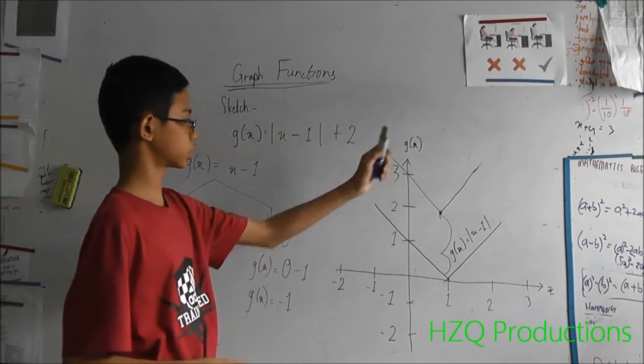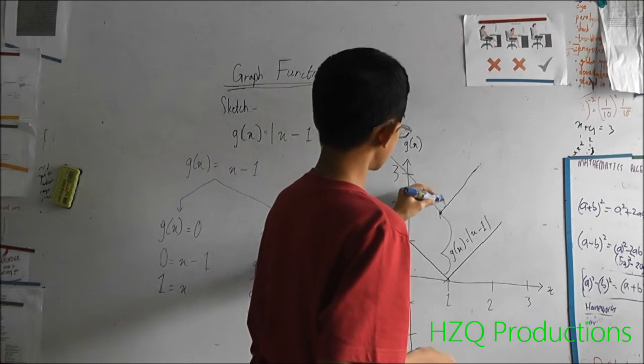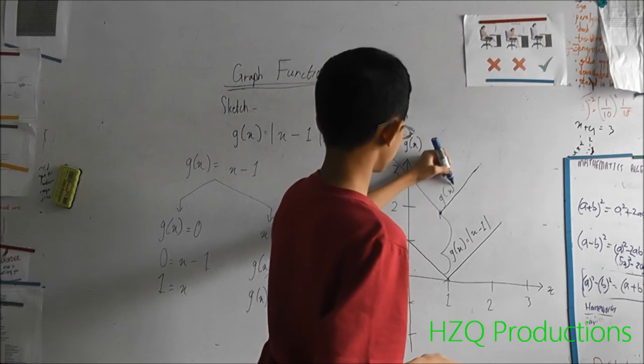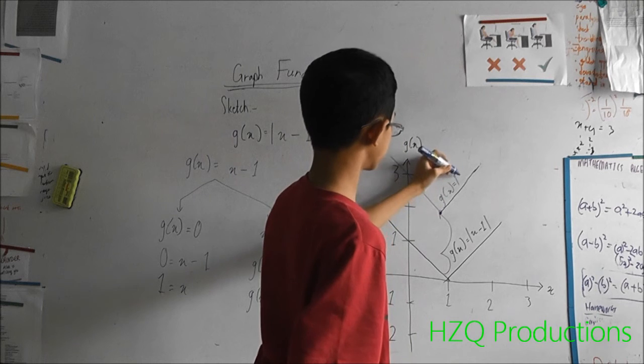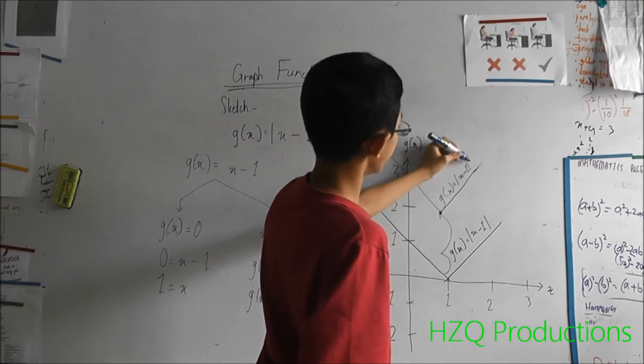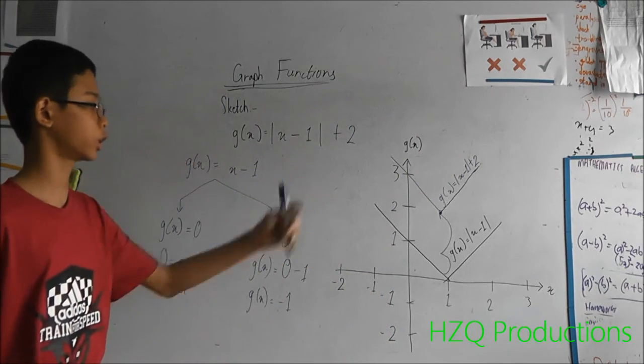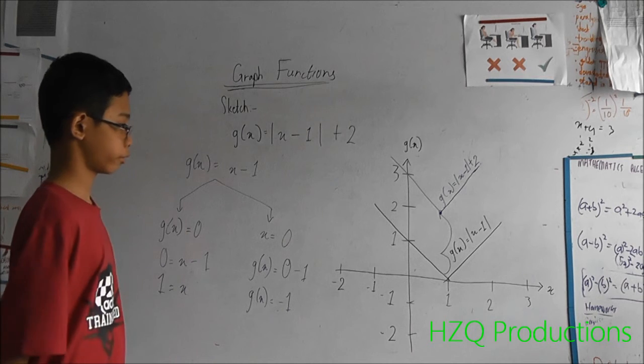So with this drawing, we're going to label this g(x) equals modulus x minus 1, then this is the plus 2. This is the final answer for your graph.